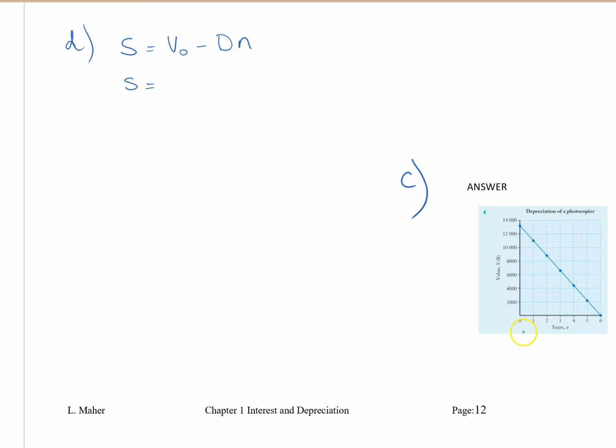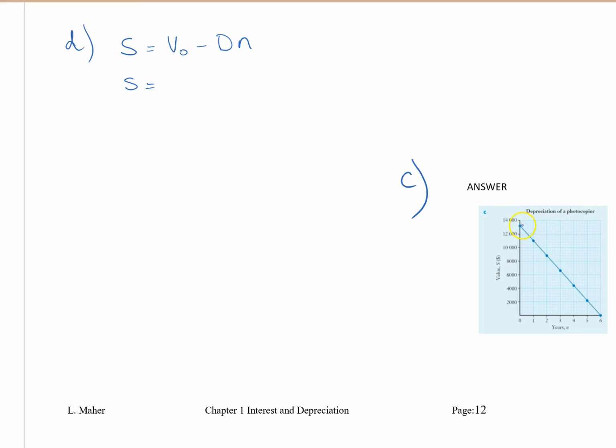Just a few things I'd point out that you must make sure you do on your graph is that you show years on your horizontal axis, and we need to go to at least 6. Your vertical axis is your value. This is a very appropriate scale, so we're going up by 2000s.